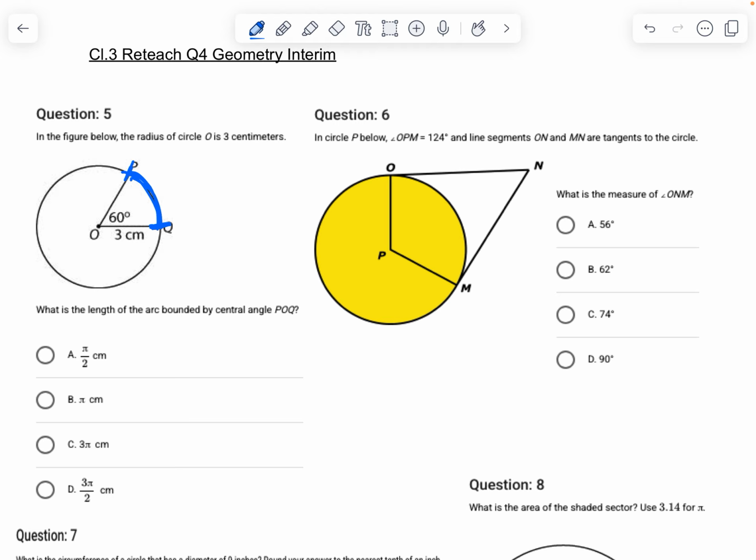Well, if I'm talking about the length of a circle, if I want to figure out the whole thing, what formula do I use to find the entire length of the crust? Well, that's circumference. But I only want to know a little bit. So if I have the whole thing, I've got to either multiply or divide it by the fraction of that circle.